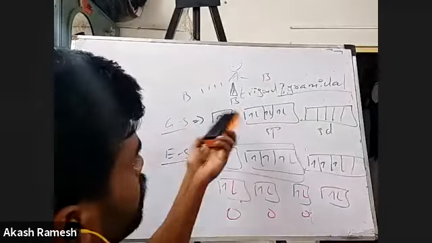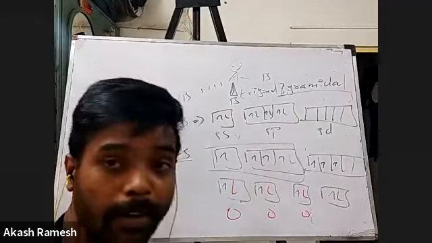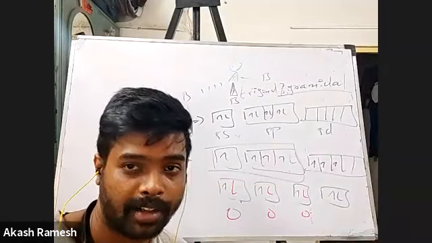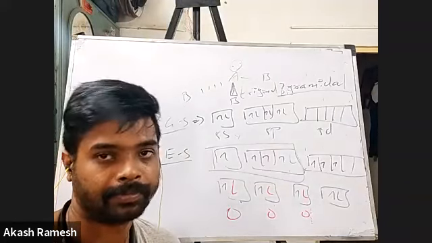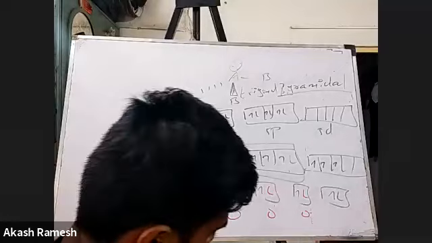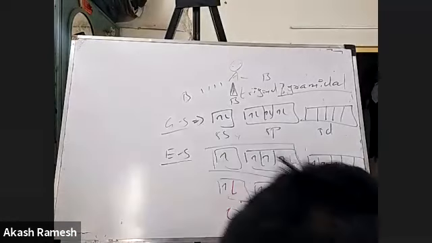Okay, so this is all about it: the geometry of XeO3 is tetrahedral, shape is trigonal pyramidal shape, right? So we'll do it for NH4 plus, we'll see what happens.